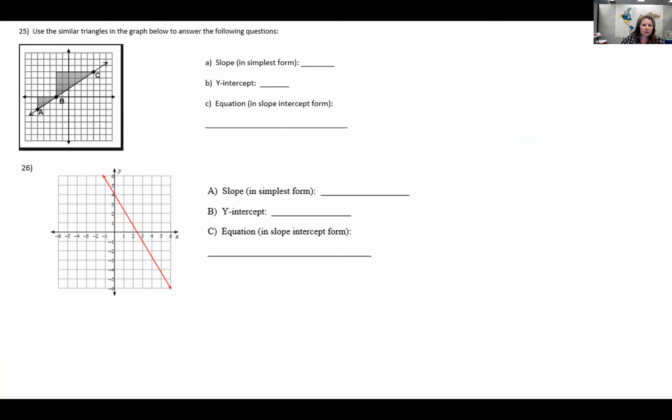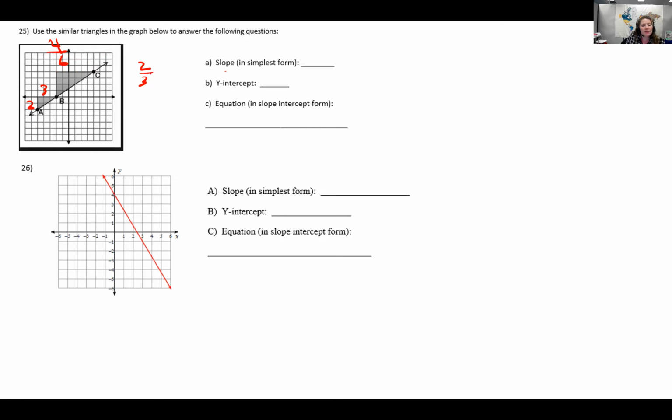All right, number 5, use the similar triangle. So for our slope, how tall is our triangle? 2 over 1, 2, 3. Rise over run. The other triangle is 1, 2, 3, 4 over 1, 2, 3, 4, 5, 6.